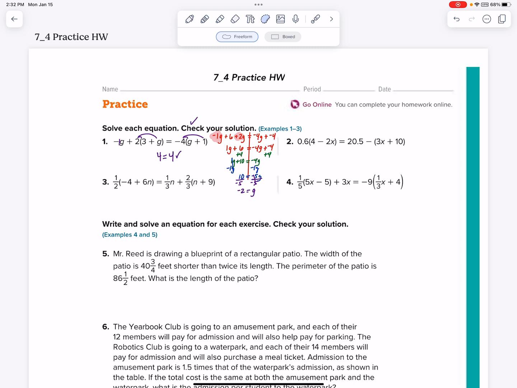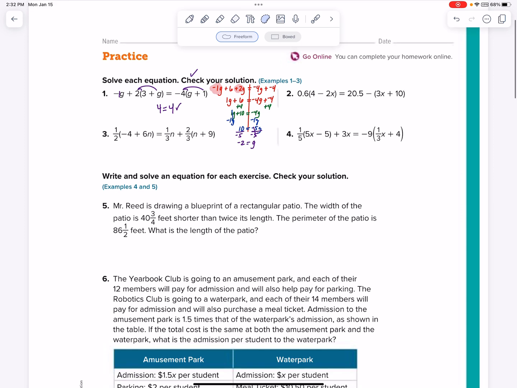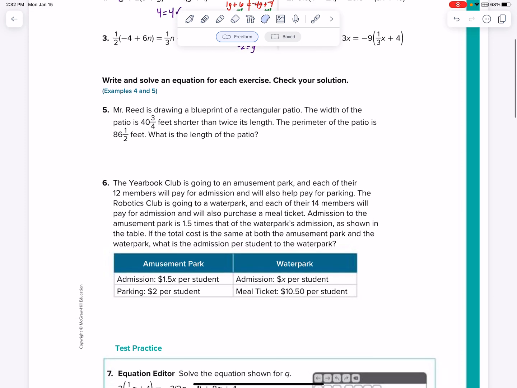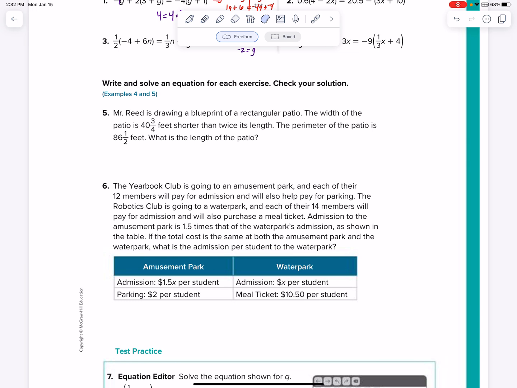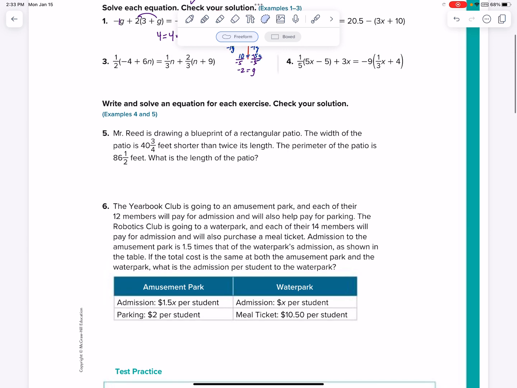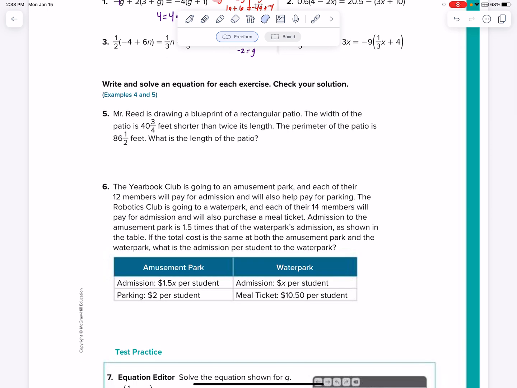So 2, 3, and 4 you can go ahead and work on, and then we'll check that tomorrow. And then 5 and 6 are just like the notes that we did. So I don't really want to tell you how to create those equations. I want you to do those on your own and see if you can figure it out. Okay.